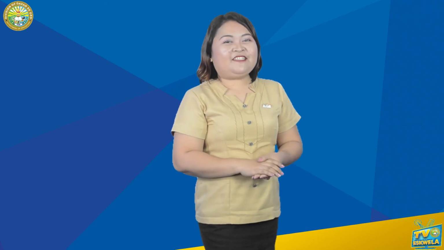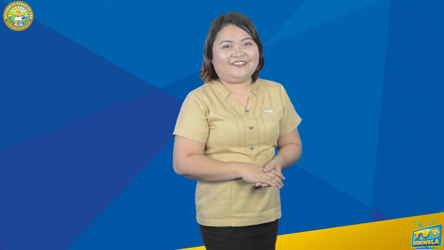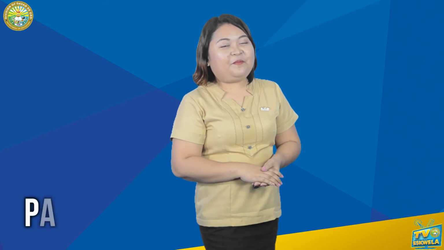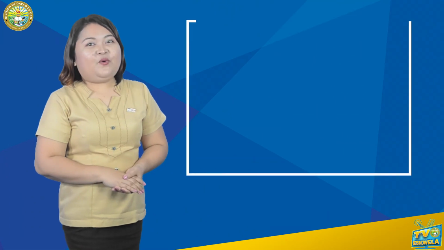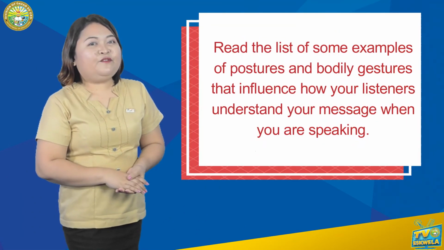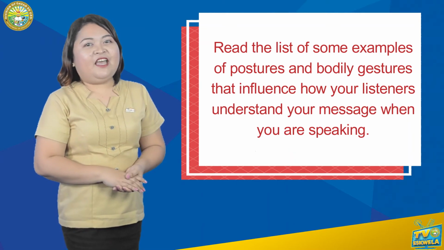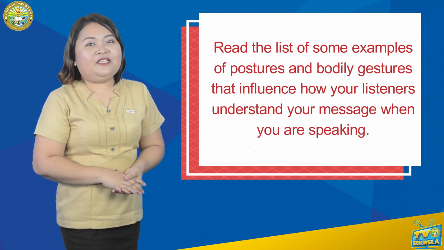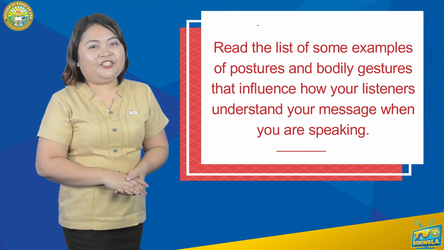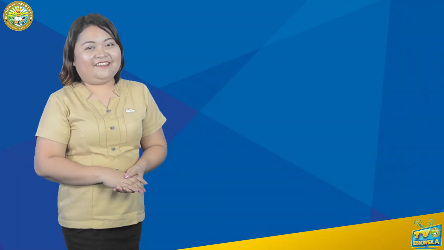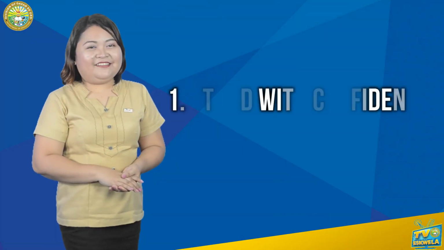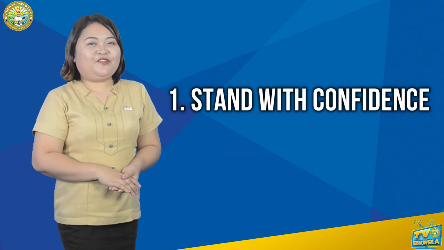This time, let us put your understanding of the discussion into test. Please flip through page 6 of your module for our next activity. In this task, you are to read the list of some examples of postures and bodily gestures that influence how your listeners understand your message when you are speaking. Number 1, stand with confidence.